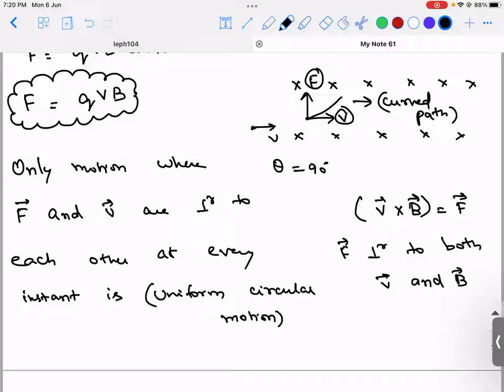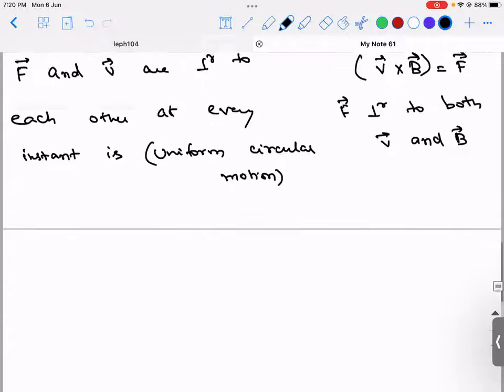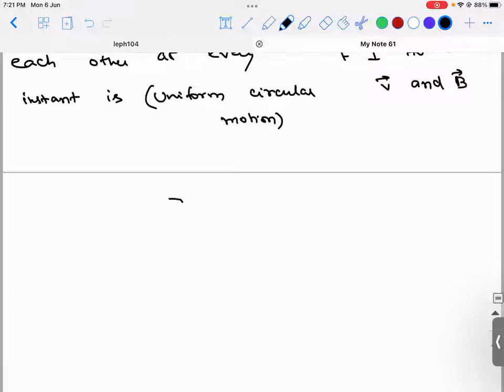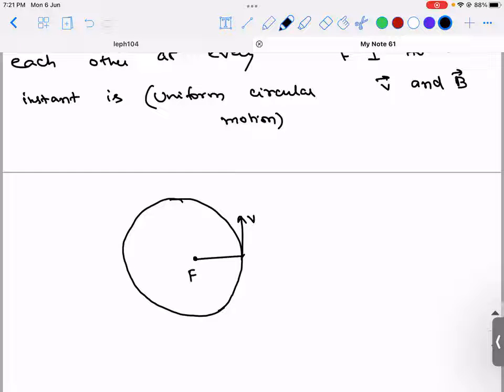So when I say uniform circular motion, I'm trying to say that the particle is going to revolve, obviously in a circular path, in such a way that velocity vector and force vector are always perpendicular to each other.